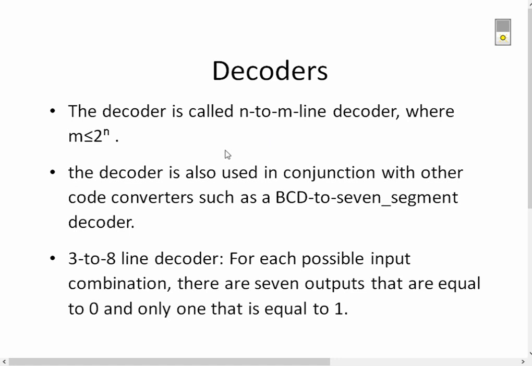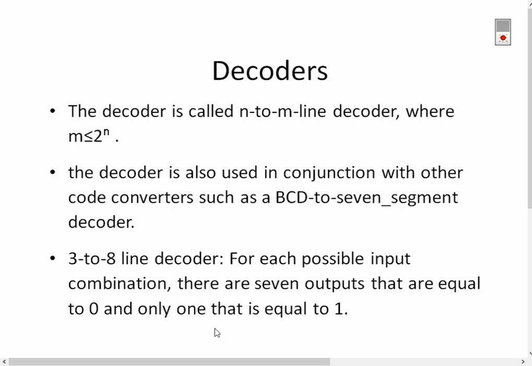What this is referring to is the number of outputs that may be active as a function of the number of inputs that there are. So what a decoder is attempting to do is take some series of inputs and compute an output, and that output may have one or more different combinations.